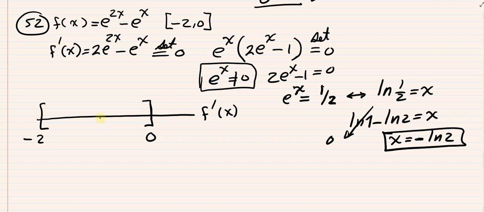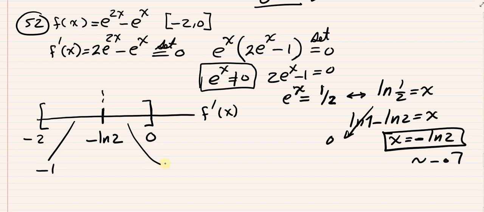So right in here, that's negative ln of 2, about -0.7. Okay, so that's my critical number. Now I can pick a test point in this interval. So let's say I'm going to let x be -1. And then here you can let x be -0.5.